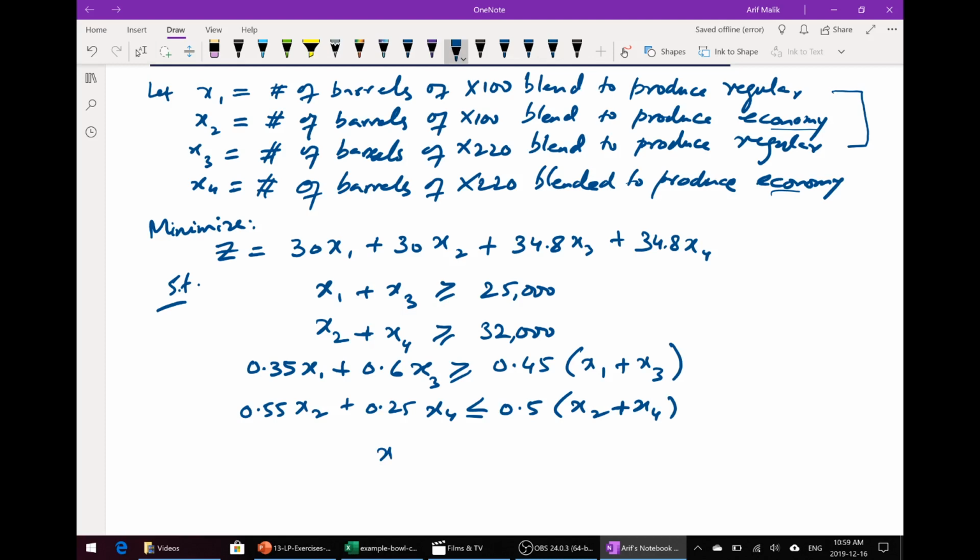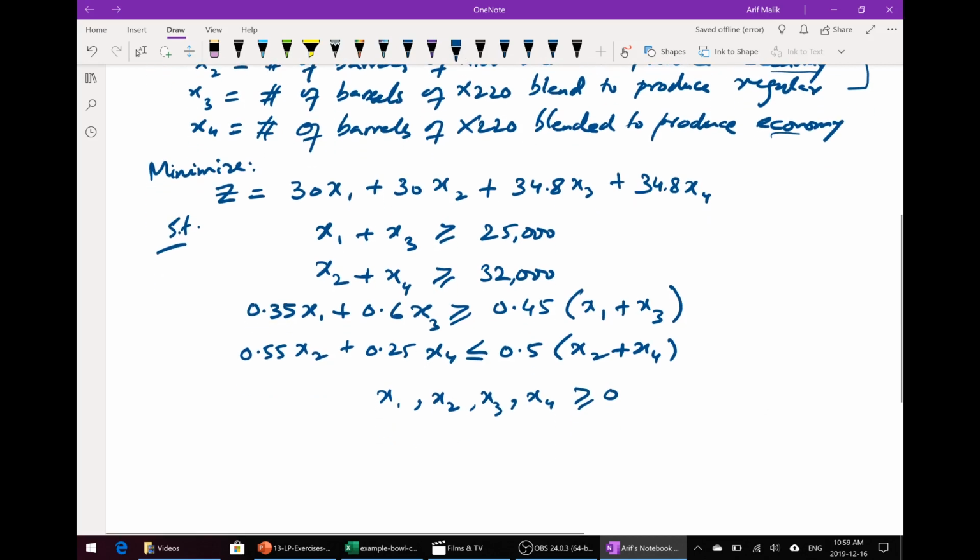Of course, X1 and X2 and X3 and X4 should be greater or equal to 0. These two constraints are not written in a standard format. We can make it standard format.